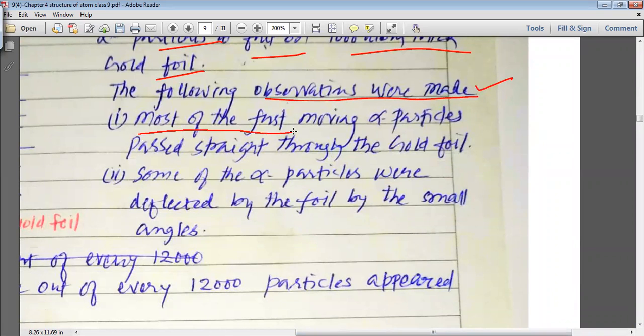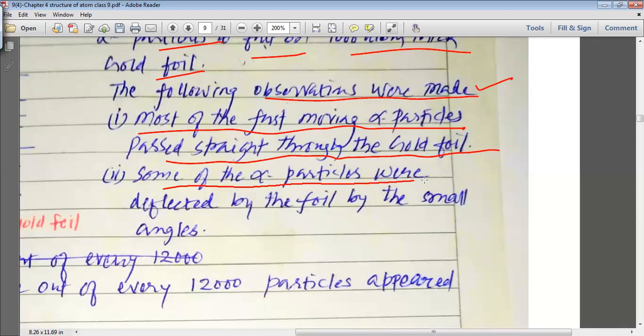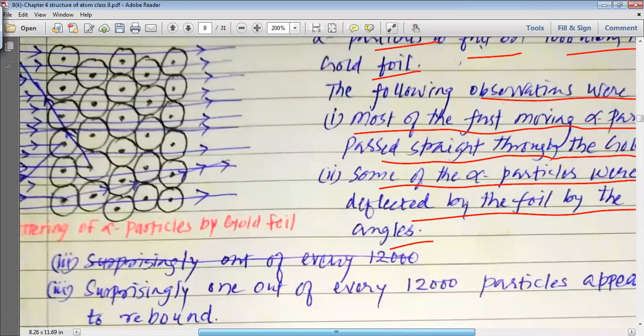Number one, most of the fast moving alpha particles passed straight through the gold foil. Second, some of the alpha particles were deflected by the foil to a small angle.